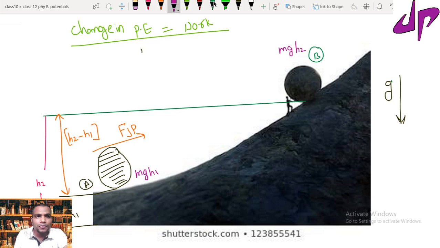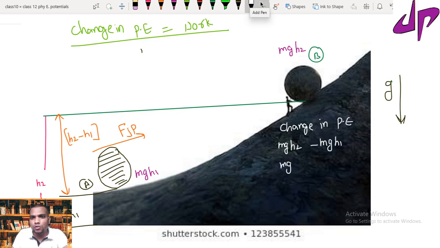So according to the definition, the change in potential energy is mgh2 minus mgh1.